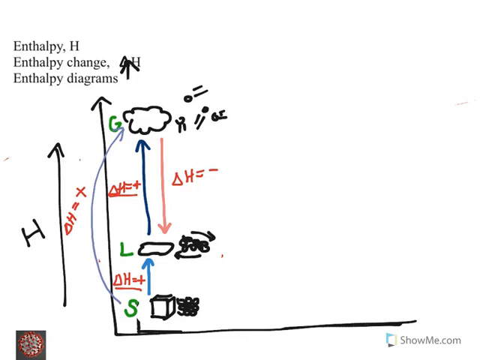And to go from liquid to solid, it has to slow down even more, which is going to result in, again, another loss of energy or enthalpy. But there's another one, going from gas all the way to solid. This is also going to be an exothermic process, so your delta H is going to be negative.